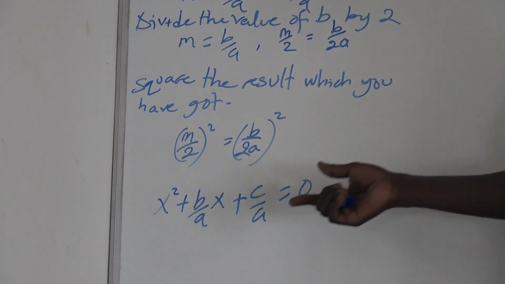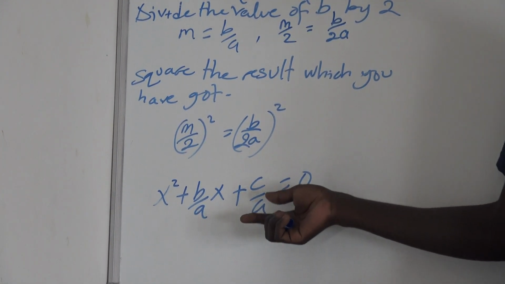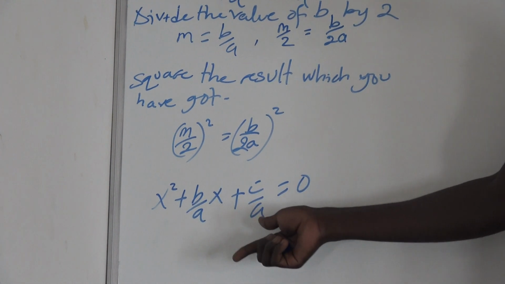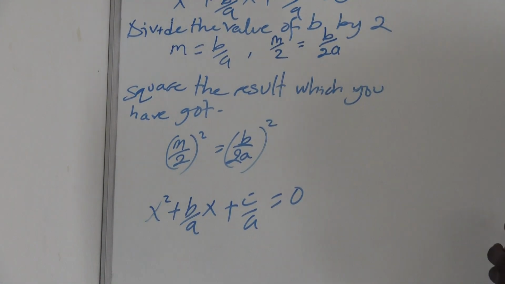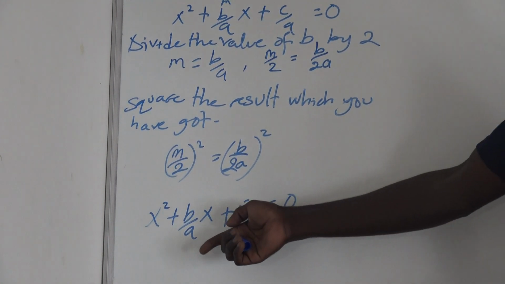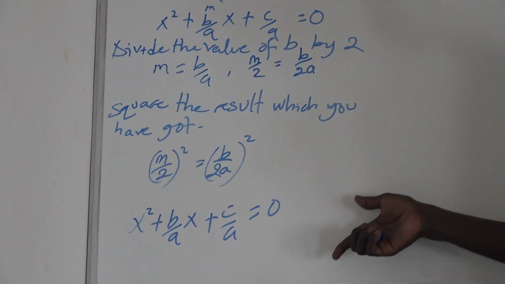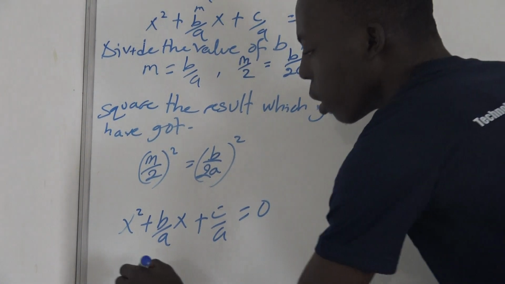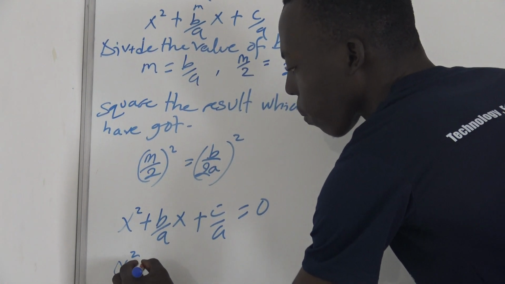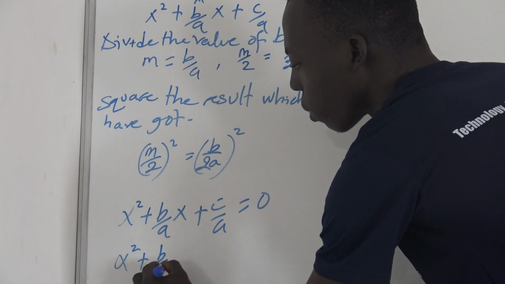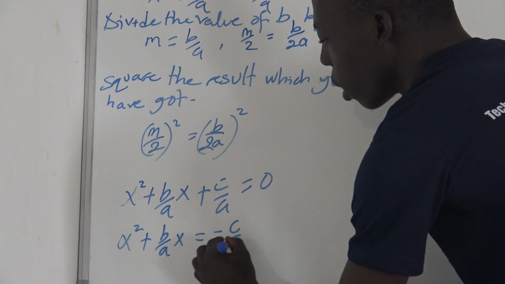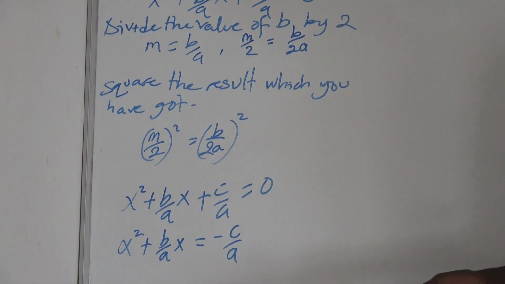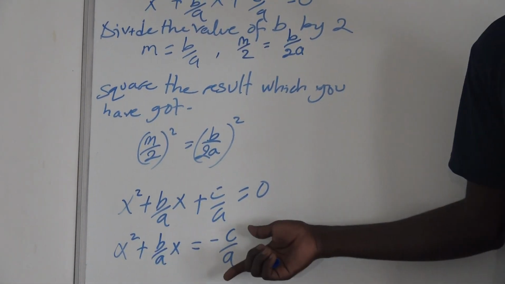From this equation, we are going to first take this c out of a to the other side of 0. It was initially positive, and when you take it to the other side, it becomes negative. So this becomes x squared plus b out of a x equals negative c out of a. That's what we get after doing this.